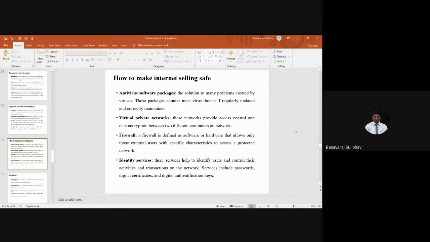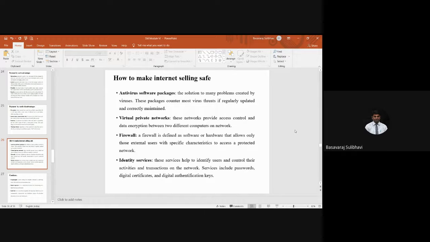Or you can use firewalls, which are defined as software or hardware which will be allowing external users, with certain rules so that only users with specific characteristics are allowed to access that particular network.